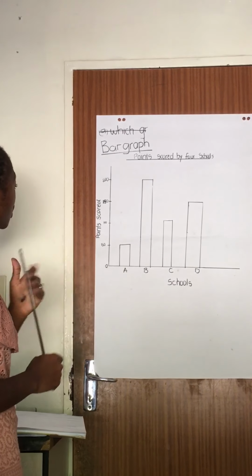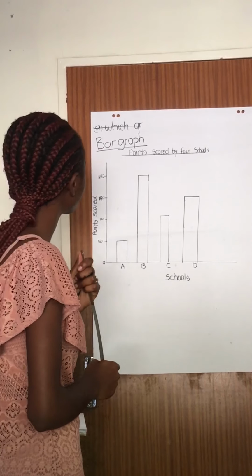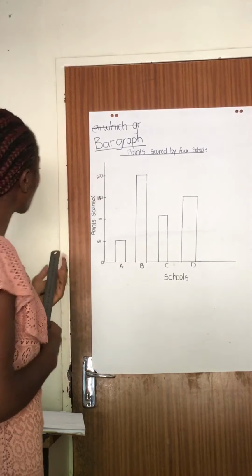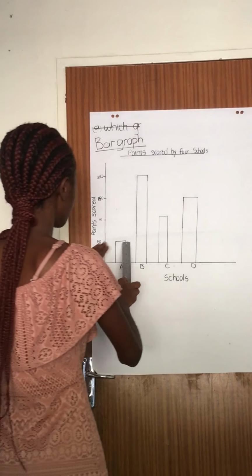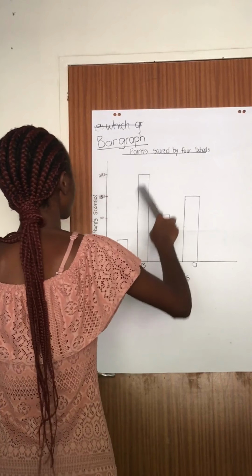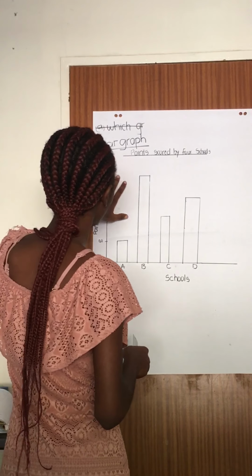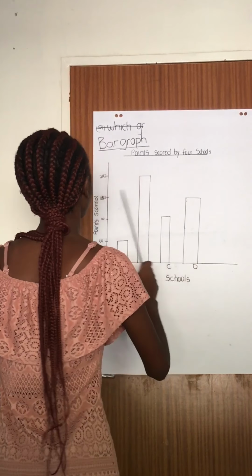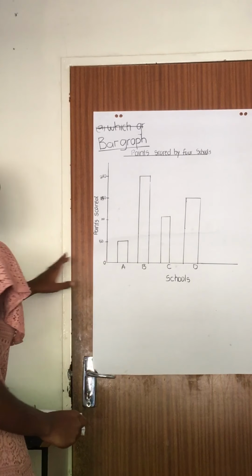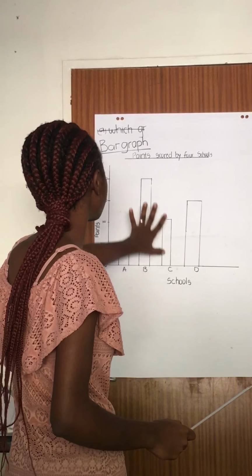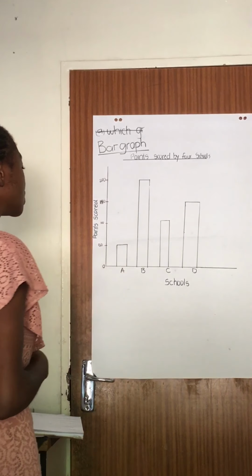I think we can conclude here that school A scored the lowest compared to school B. School B scored the highest compared to school D. So school A is the one that scored the lowest points, while school B is the one that scored the highest points.